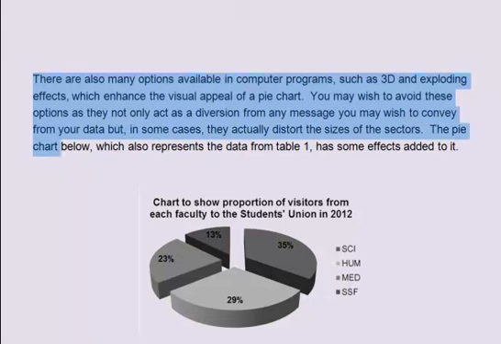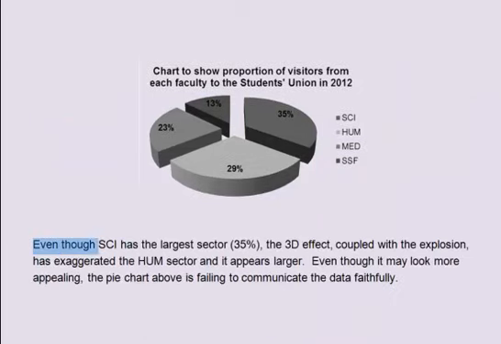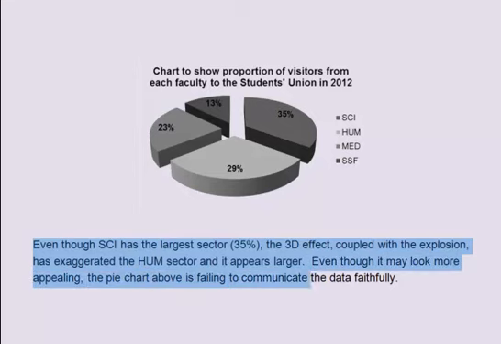The pie chart below, which also represents the data from Table 1, has some effects added to it. Even though psi has the largest sector, 35%, the 3D effect, coupled with the explosion, has exaggerated the hum sector and it appears larger. Even though it may look more appealing, the pie chart above is failing to communicate the data faithfully.